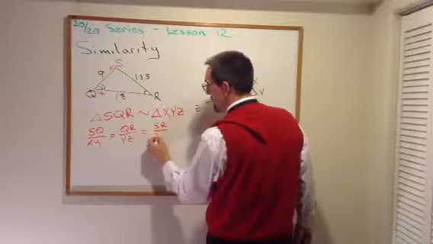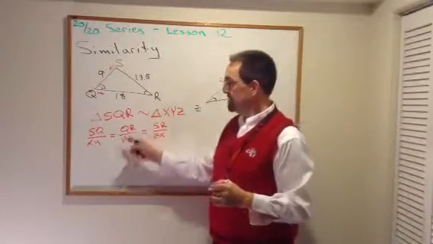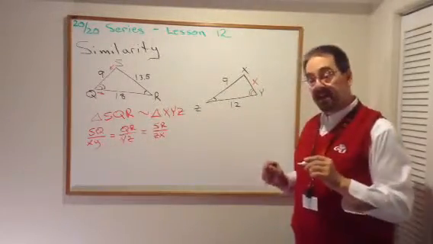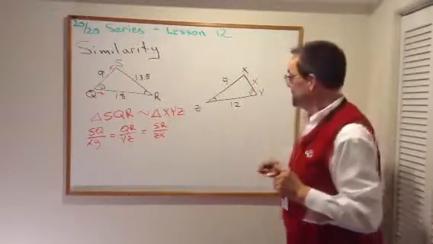SR and ZX. Each of these relationships has to be exactly the same for this to be actual similar triangles.